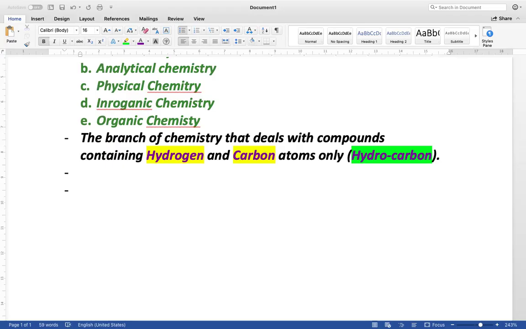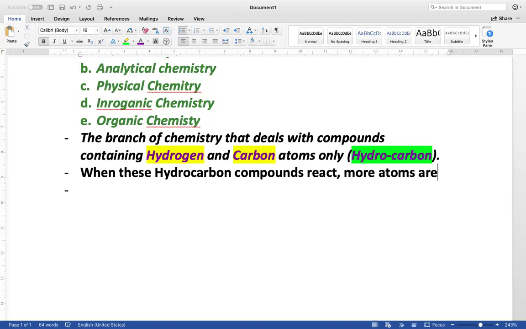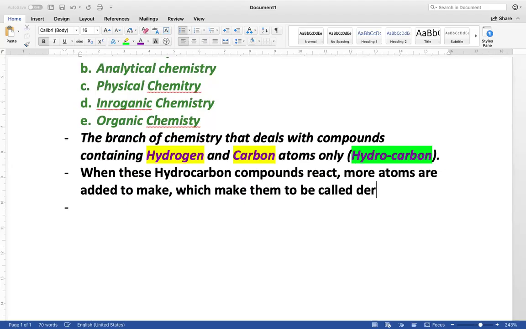Now, when these hydrocarbon compounds react, more atoms are added to them, which makes them to be called derivatives. I want you to understand that these compounds are very reactive.